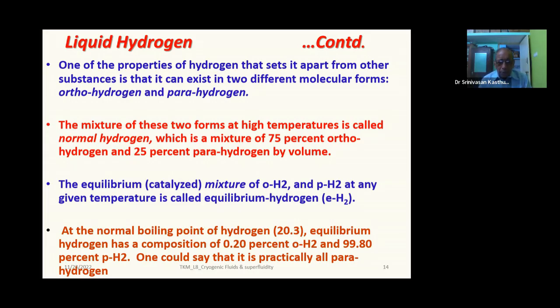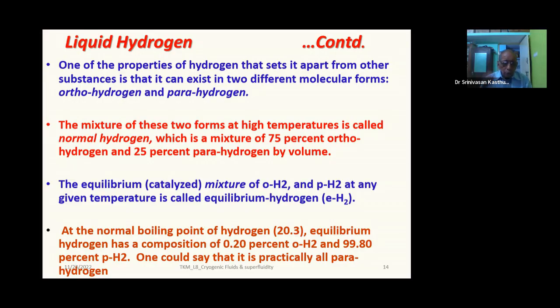Now, what happens when you do a liquefaction process is that there is a composition change from 75% ortho and 25% para to almost 99% para and a very small percentage of ortho. That's what happens at low temperature. Okay.